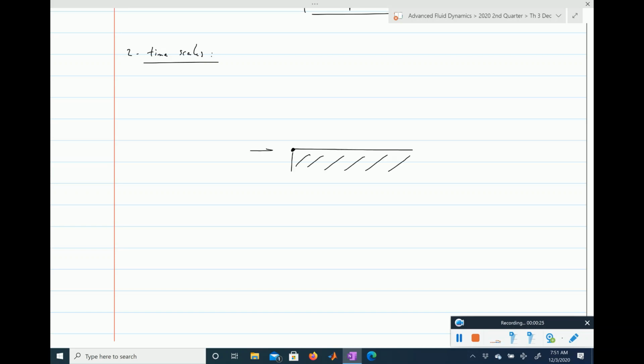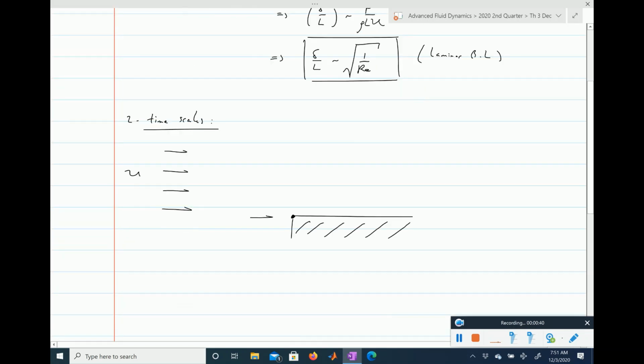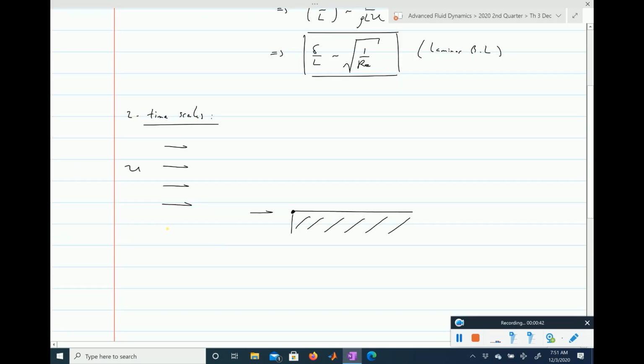We have a flat plate, and now we no longer assume the flow to be inviscid, so we are going to have a no-slip boundary condition on this flat plate, and we have a uniform flow. Let's assume there's no flow here, that we have an infinite uniform flow coming in, and we turn on the effect of viscosity at this point.